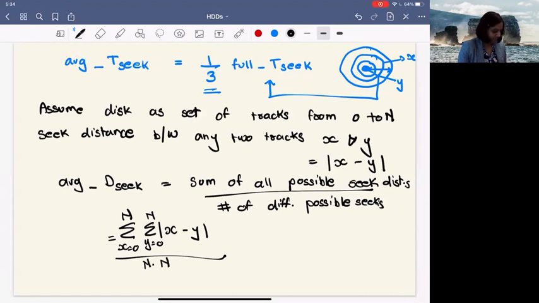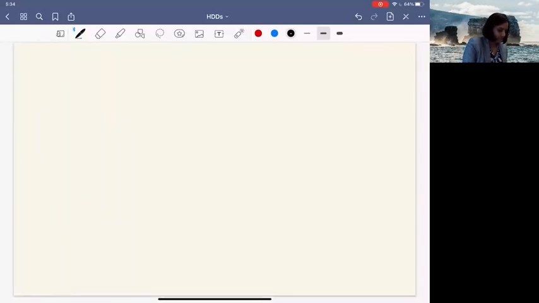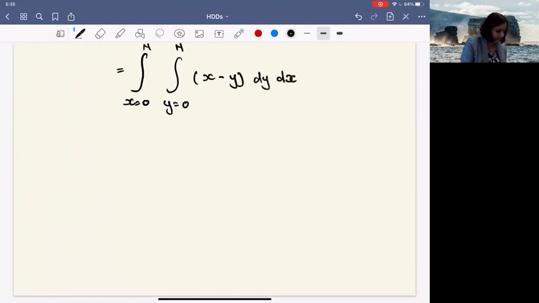That's n multiplied by n, n squared. Now, this summation equation could also be represented as an integral to frame it into a continuous problem: integral of x from 0 to n, integral of y from 0 to n, absolute value of x minus y dy dx, right? Everybody with me until here?